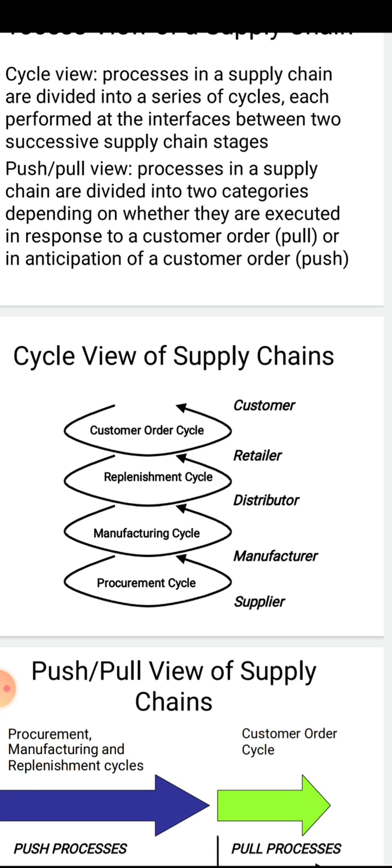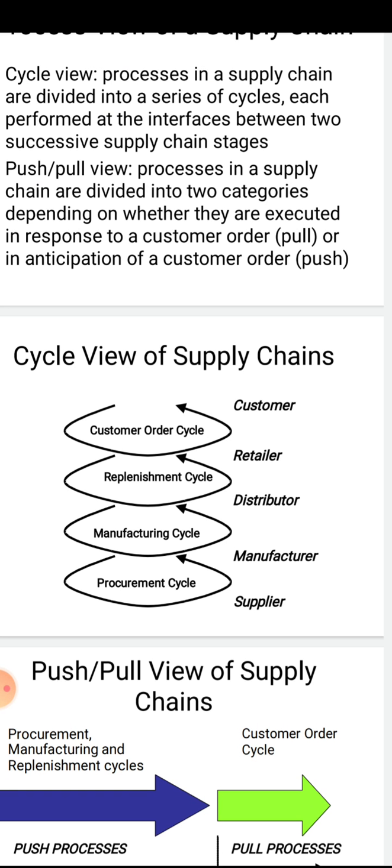Then there are distributors; according to the region, we appoint different distributors. The distributor appoints various retailers, or prepares his own retailer chain, and distributes the finished product to the retailer. Then the customer order cycle: the customer purchases the material. So this is the total supply chain cycle.